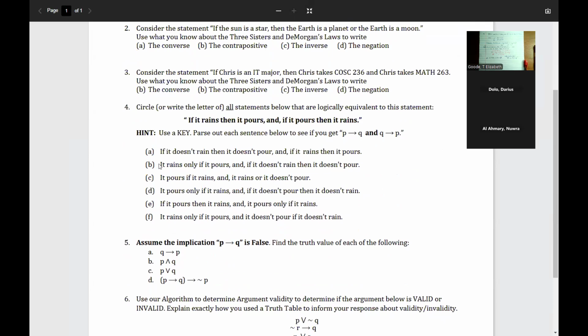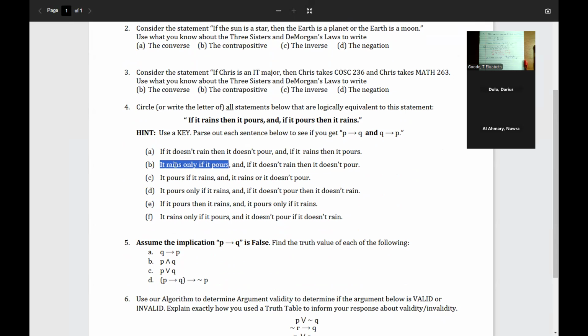Like on B, it says it rains only if it pours. So if your key says P means it rains and Q means it pours, then it rains only if it pours. I would first write that as P only if Q and try to figure out what that's logically equivalent to.